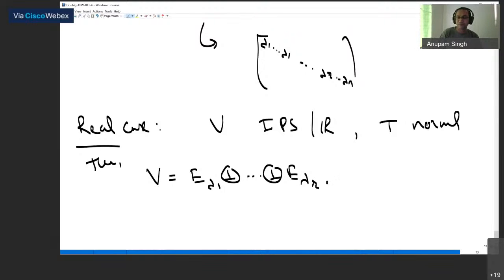E lambda R, and there could be some more subspaces, but each of these other subspaces is going to be only of dimension 2.